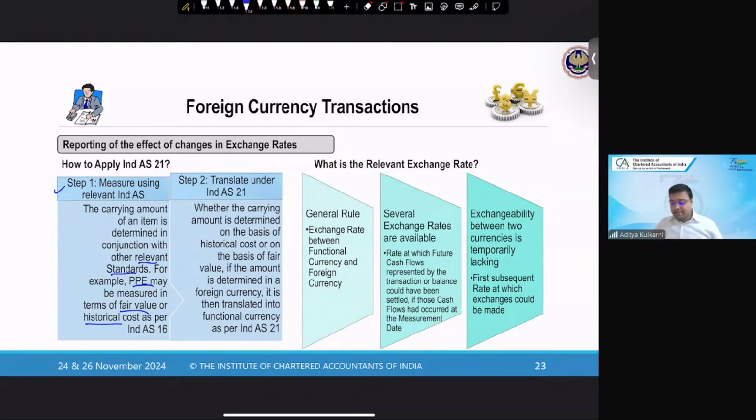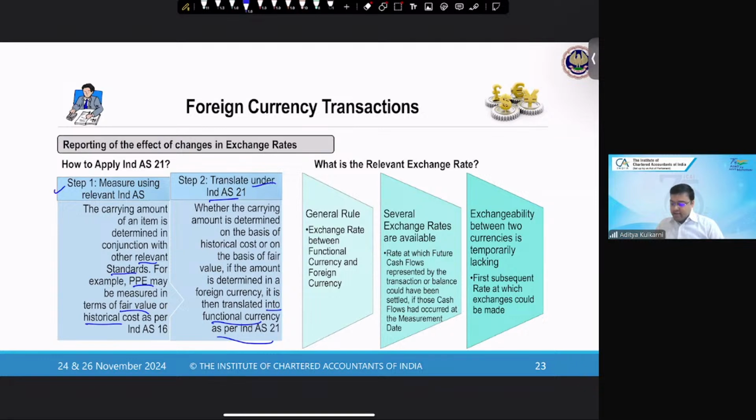Then you do the translation under Ind AS 21. Whether the carrying amount is determined on the basis of historical cost or fair value, if the amount is determined in a foreign currency, it is then translated into functional currency as per Ind AS 21. So first measure using the relevant Ind AS, then go for the translation.